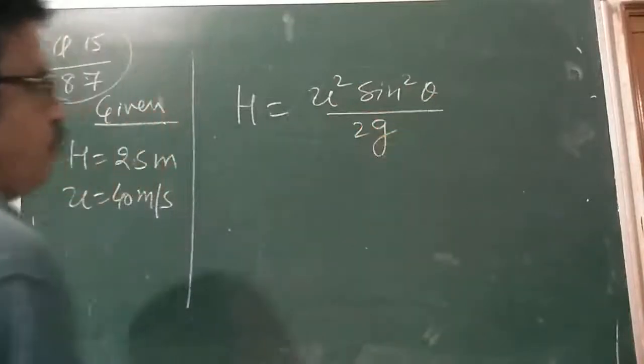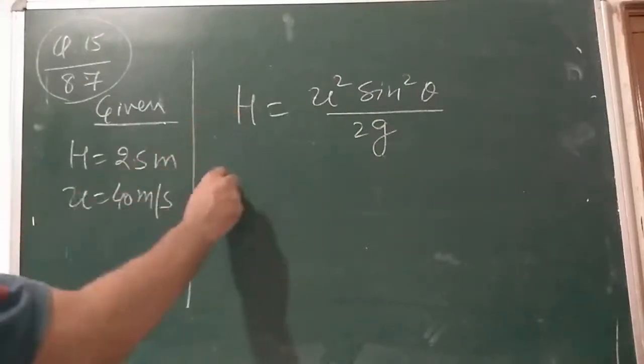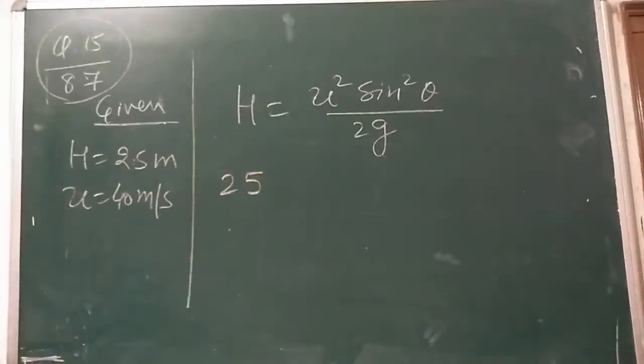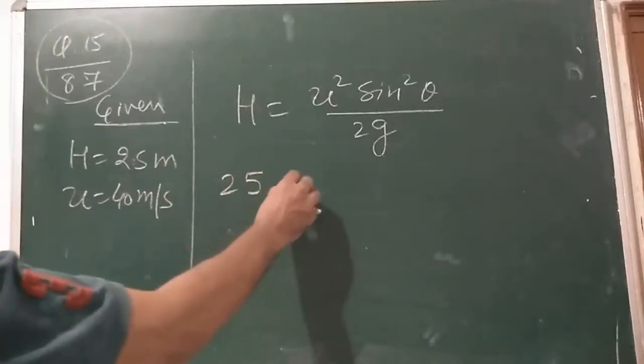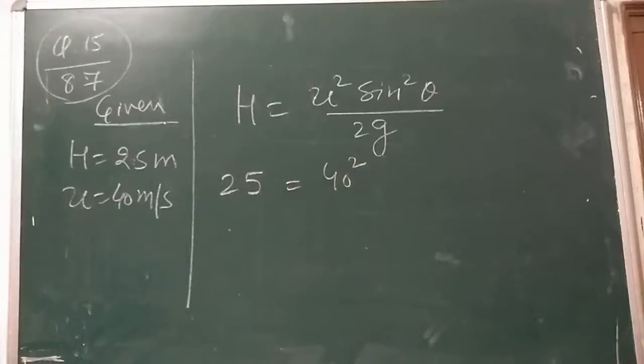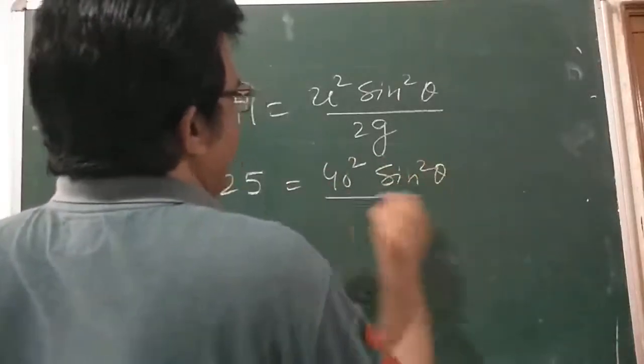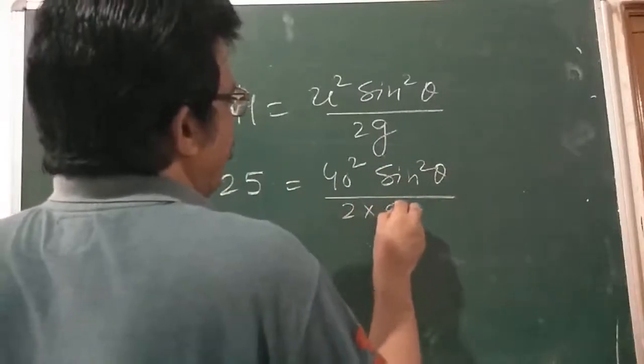This is the formula I have to use. Is it clear? So dear children, write down here h is 25, u is given as 40 square, sin square theta divided by twice into 9.8.